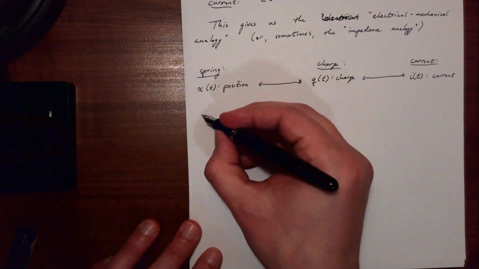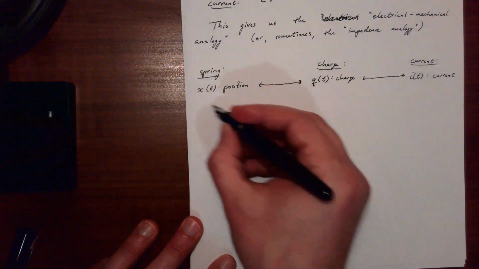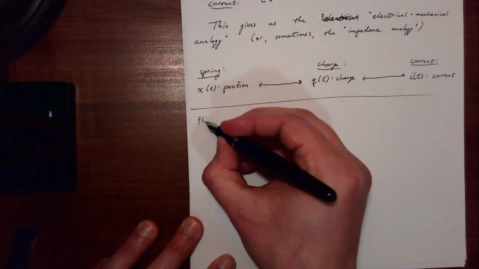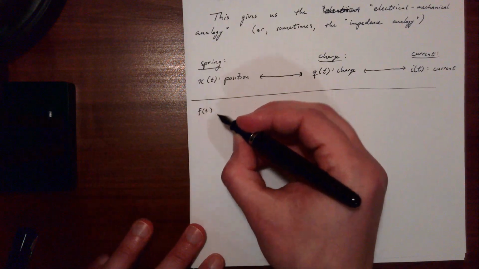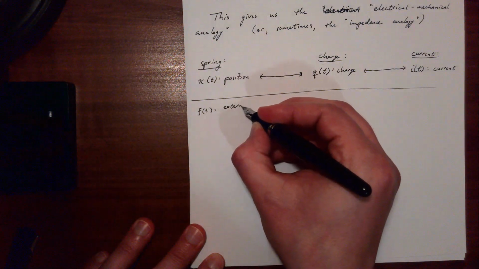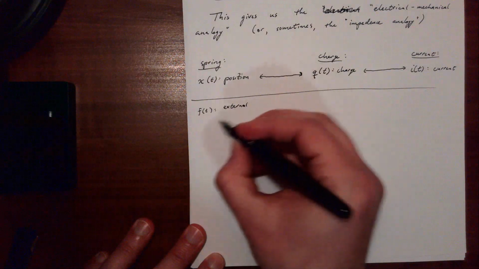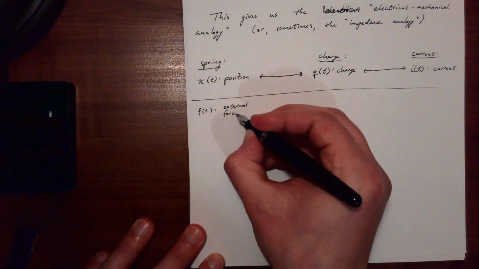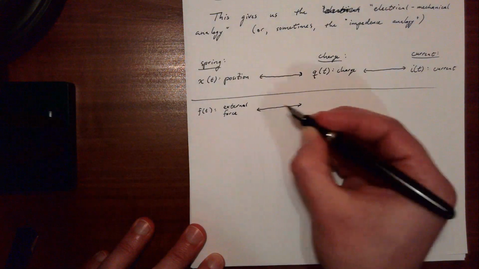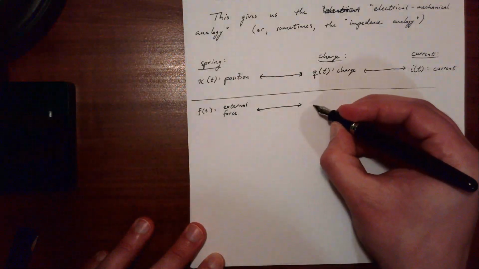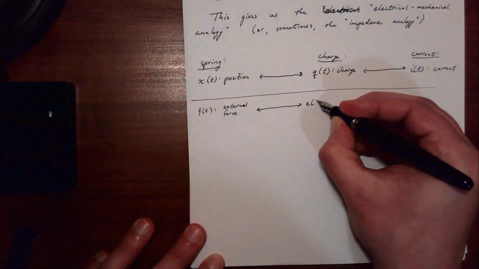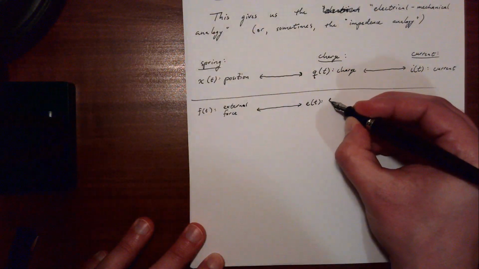All right, well, the next line of our analogy, F of t. So this is the external force. So that's what is going to be imparting some motion to our spring. So here, this corresponds to E of t, which is the electromotive force.